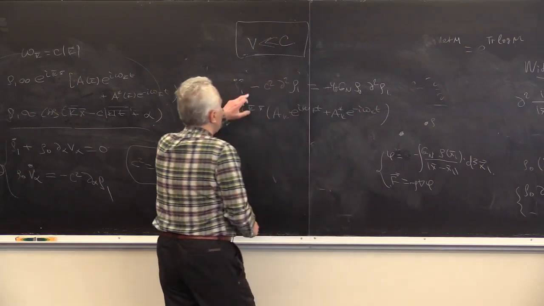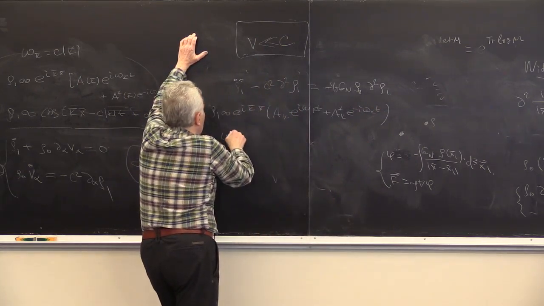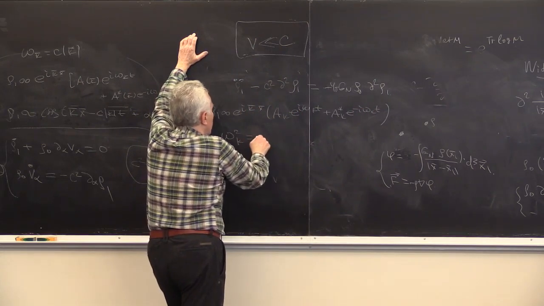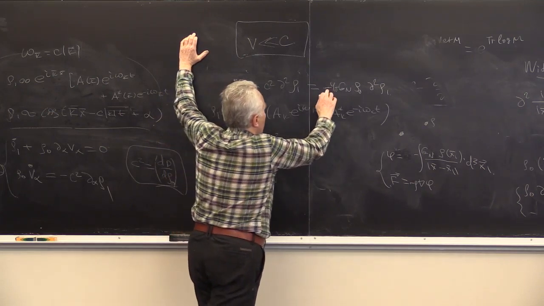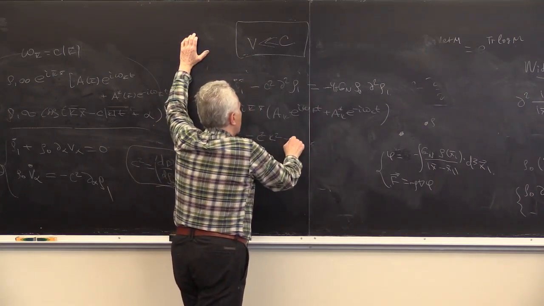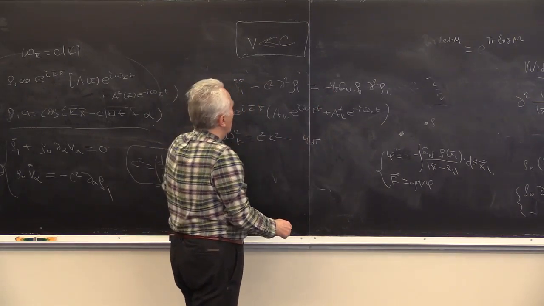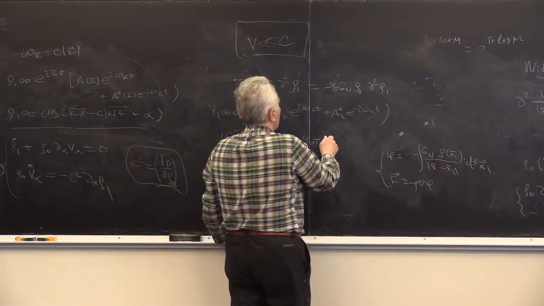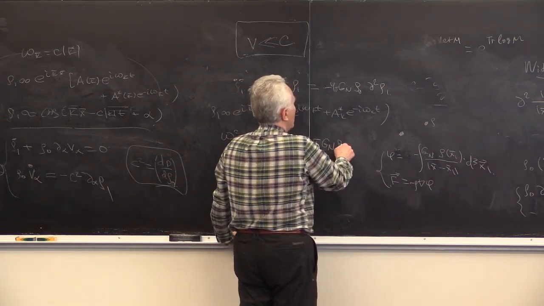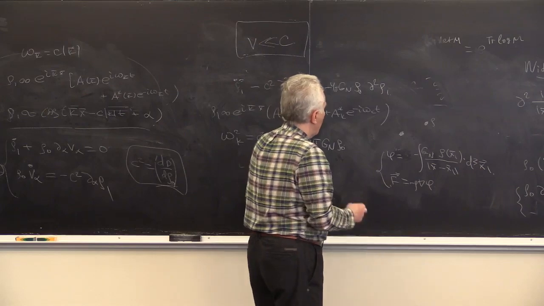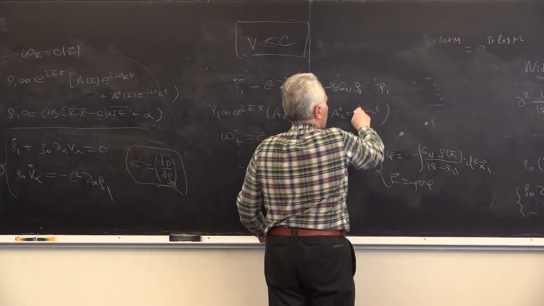But omega is modified. You see, we still have a harmonic oscillator, but omega k squared is now c squared k squared. It's probably minus here. Minus 4 pi G n rho 0. Just a second. Yes, there is no Laplacian here, of course.